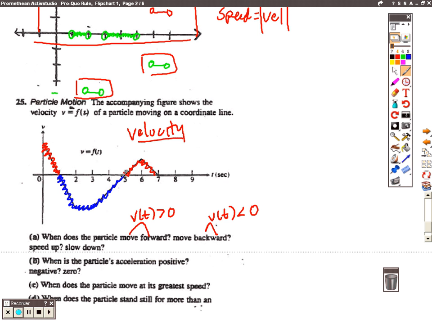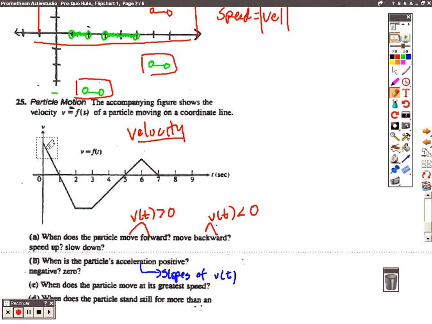Part B, when is the particle's acceleration positive, negative, and zero? Acceleration, we're considering slopes of velocity. Since this is made up of a series of linear segments, I'm going to get rid of my highlighting on my graph because now I'm going to highlight slopes for you.